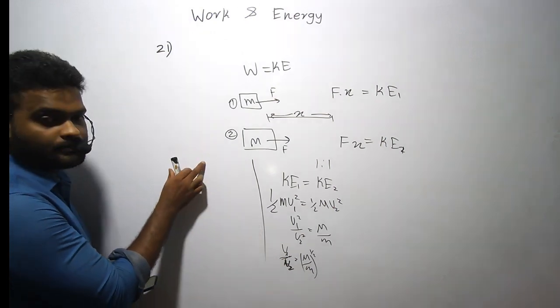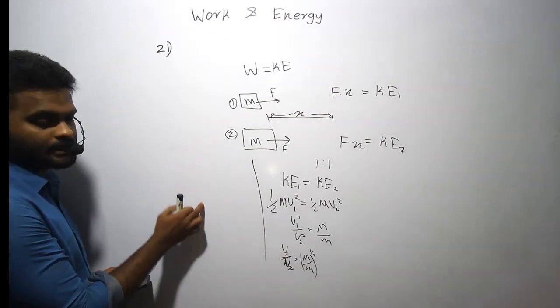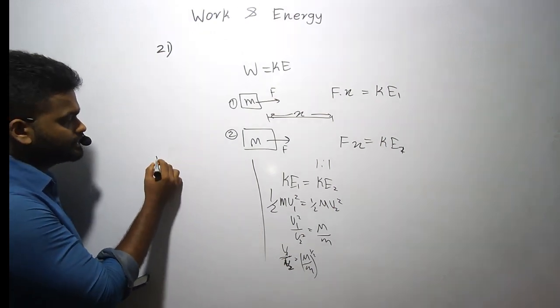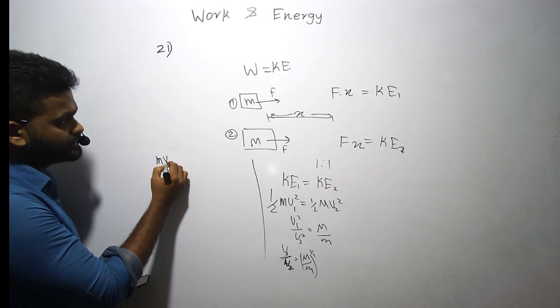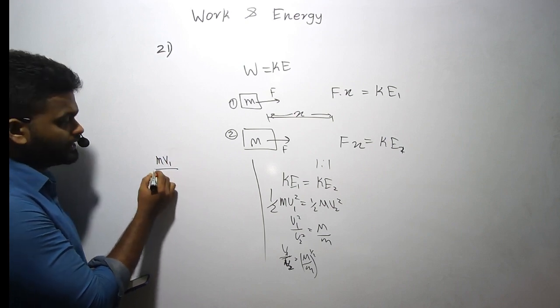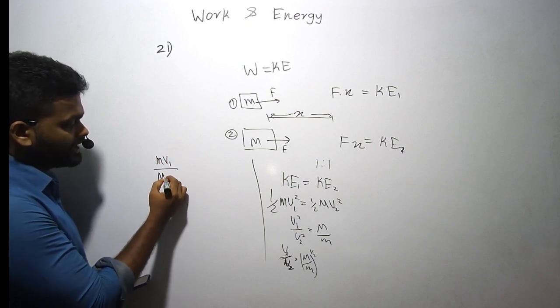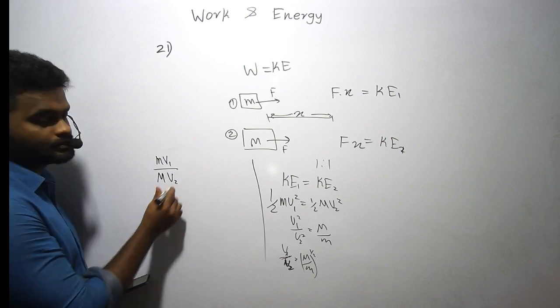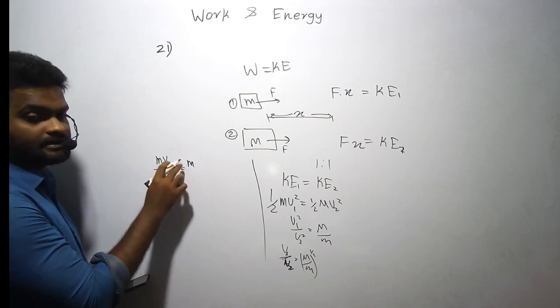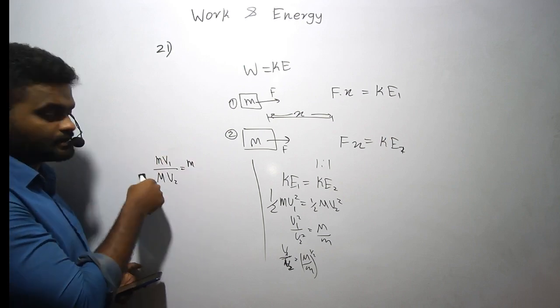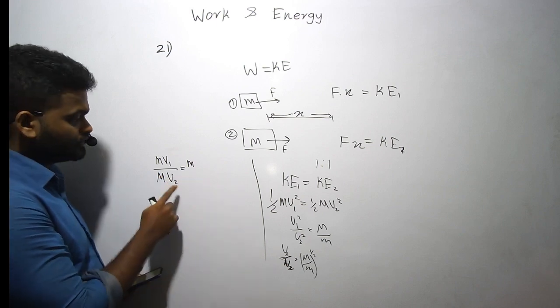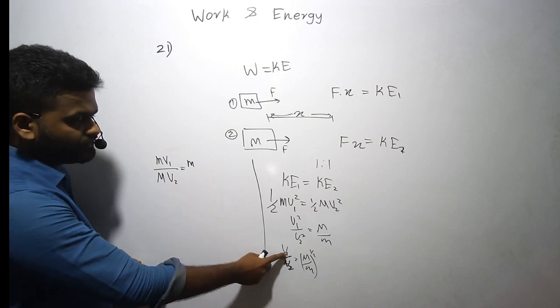So momentum of first divided by momentum of second is mass times v1 divided by mass times v2. They ask this ratio in terms of mass, so we already know v1 divided by v2.